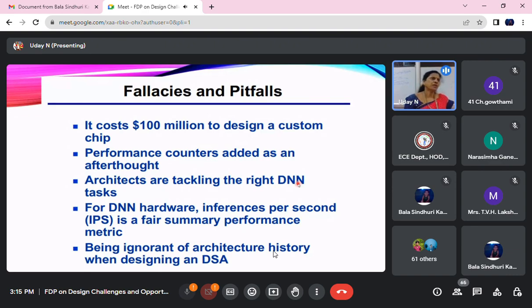Even today, the most promising or the most challenging task that is faced by the research community in the area of VLSI is to develop a processor that will be suitable for performing the deep neural network architecture.